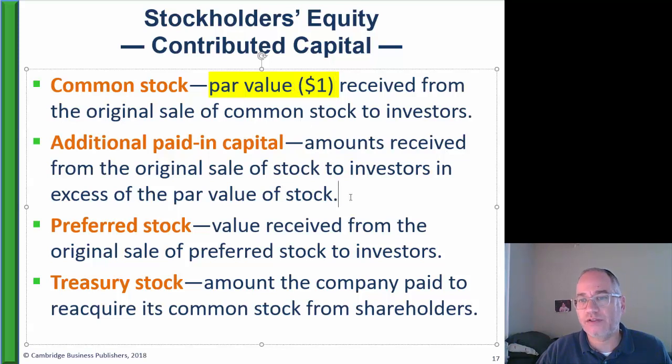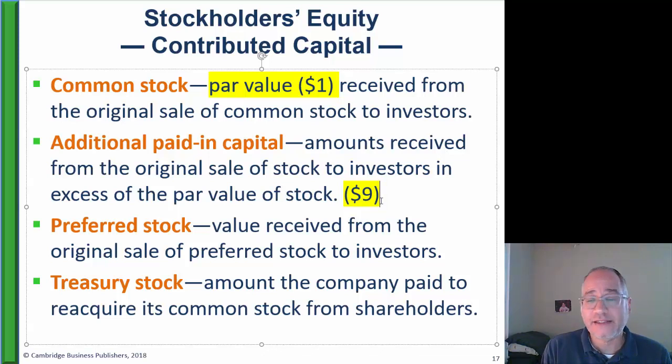So let's suppose that investors pay you $10 for your stock. Then $1 would go to par value, and the other $9 would be additional paid-in capital. Again, they pay $10, so it would be split up. $1 would be considered par value, and the remaining $9 extra, that's 10 minus 1, would be considered additional paid-in capital.